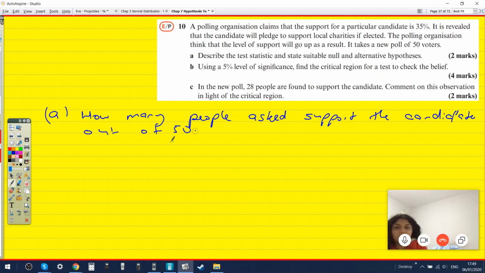The null hypothesis is p is equal to 0.35, and the alternate hypothesis is p is greater than 0.35. Okay, critical region time.